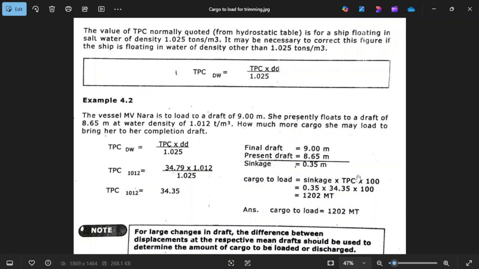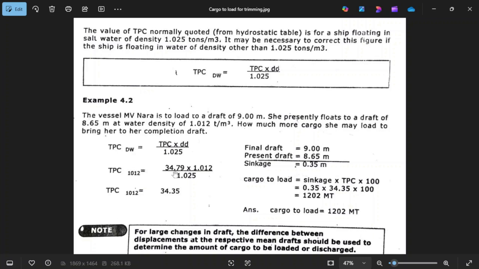But the TPC here, guys, that you are using is for your 1.012. So this is the formula for your TPC. The TPC at your 8.65 is 34.79, times your local density over 1.025. This will be your dock water TPC at density 1.012, which is 34.